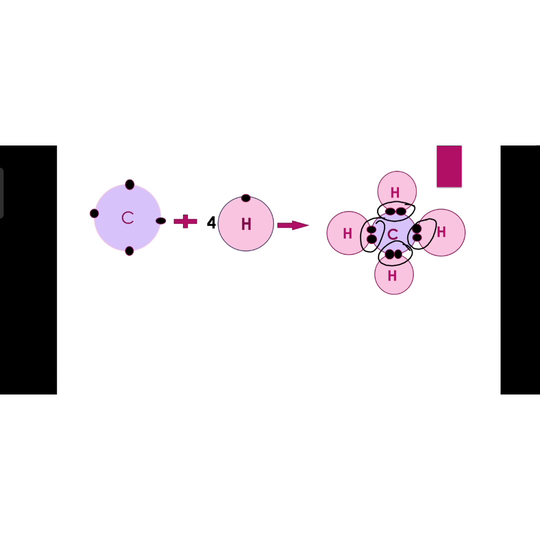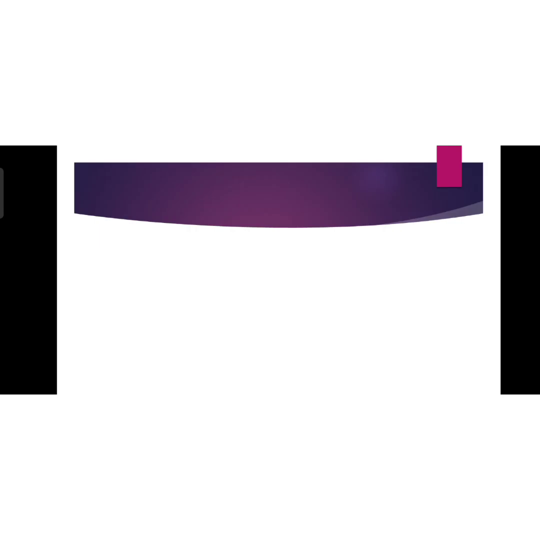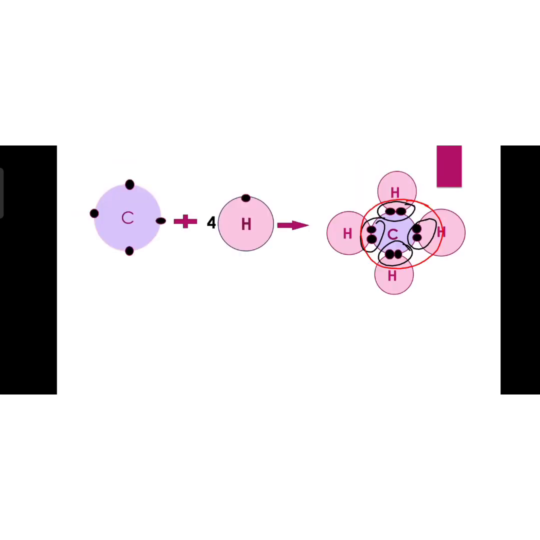In doing so, each hydrogen atom completes its duplet and carbon completes its octet. Now both carbon and all the hydrogen atoms are stable. Carbon and other elements having 4 valence electrons become stable by sharing electrons and hence are known as metalloids.